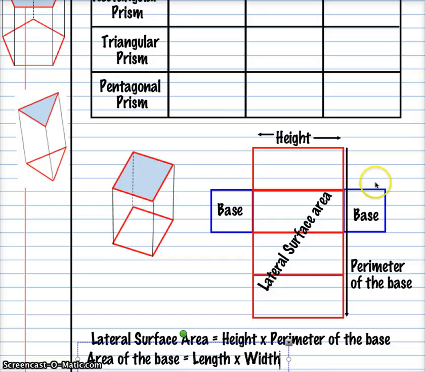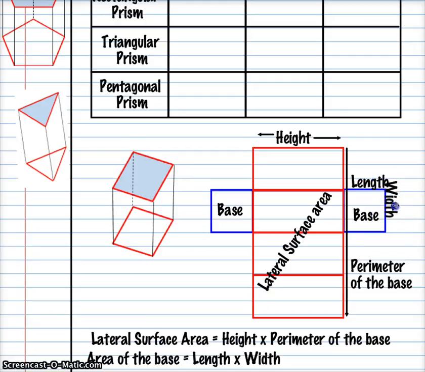Our length and width are here, and this is our height. So let's label those items too so we can see where they are. Length here, length, and width. There we go.